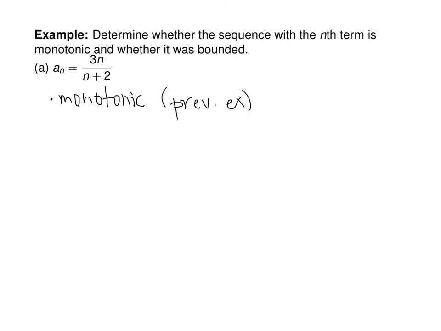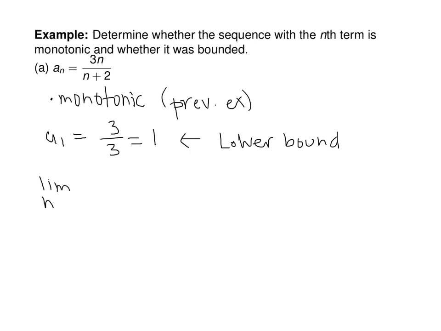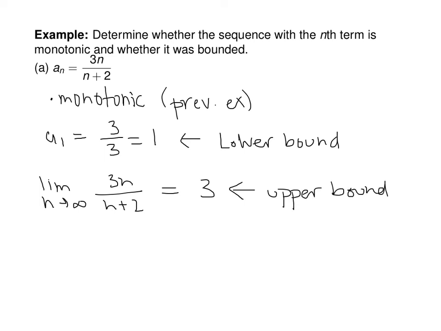Since the terms are gradually getting larger, the first term, which is 3 over 3 or 1, can function as a lower bound. And above, let's consider the limit as n goes to infinity of 3n over n plus 2. That's 3, so this is the upper bound. So this sequence is both monotonic and bounded because it's bounded above and below.